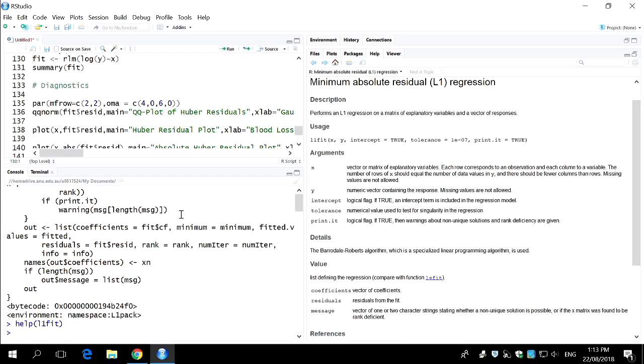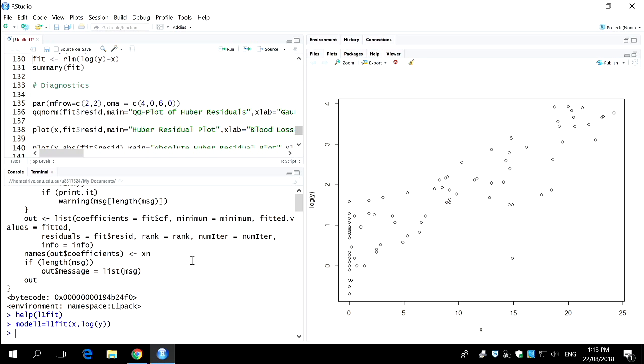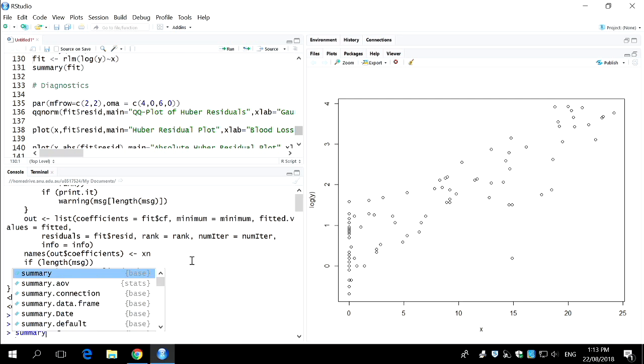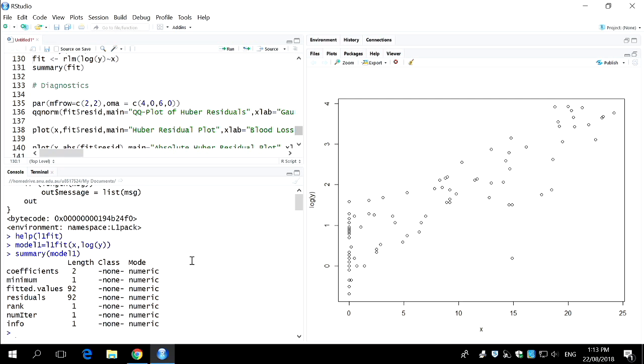Well, let's go ahead and fit it. I'm going to go back up here and put the plot back on the page. I'm going to go model 1 equals L1 fit of X and log Y. That's going to fit the model. I'm going to do a summary of that so we can see what it gives you.